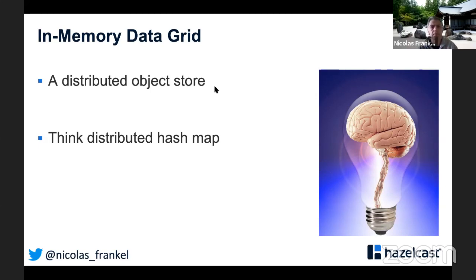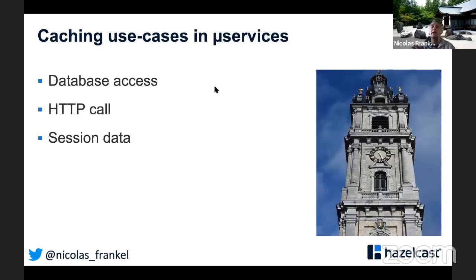And in a microservice architecture, we can have at least 3 different use cases for caching. The first is database access. So once you get the data from the database, you want to keep it in memory.